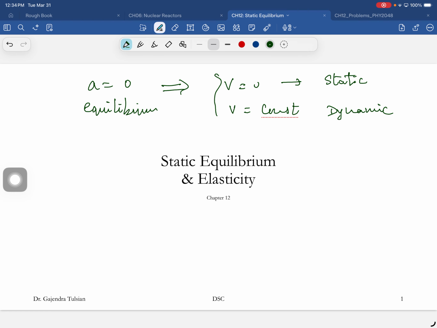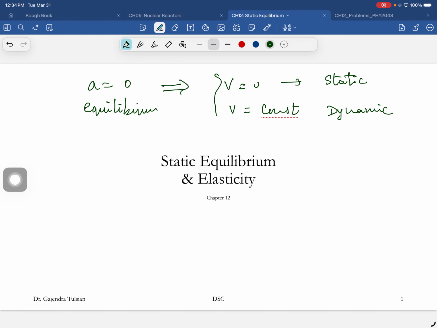For instance, when you're driving on 95 at constant velocity, you're in dynamic equilibrium. What object do you know is in static equilibrium? A bridge is in static equilibrium. We want our structures to be in static equilibrium all the time.